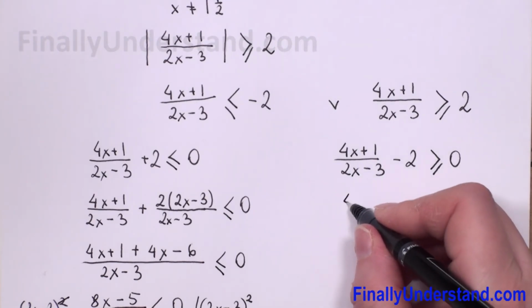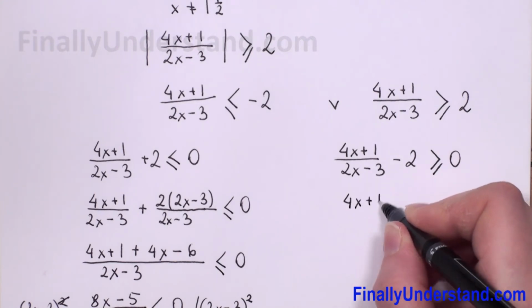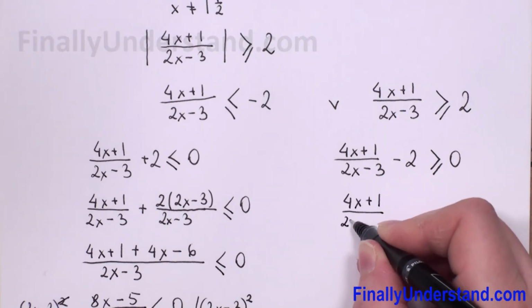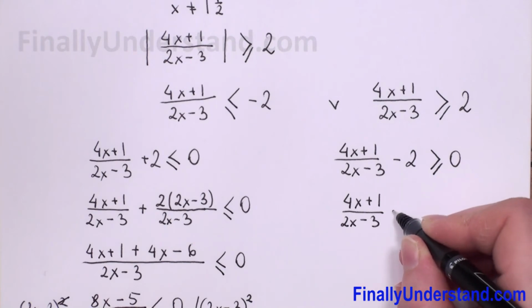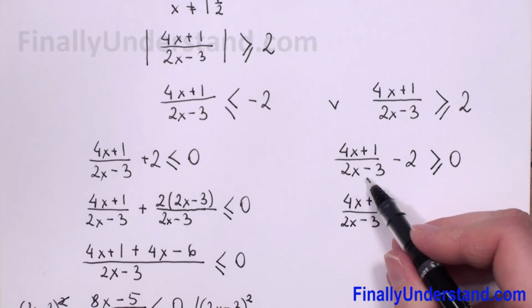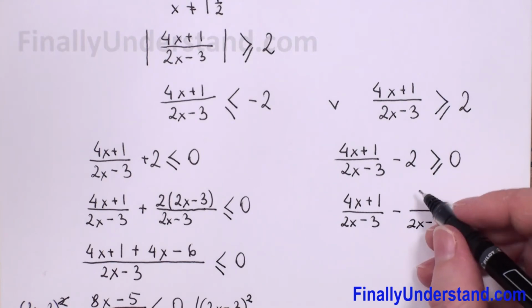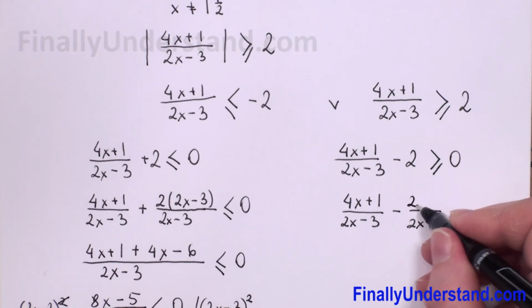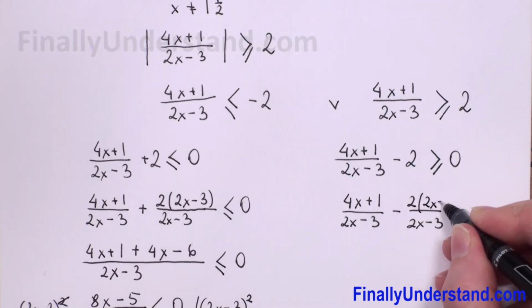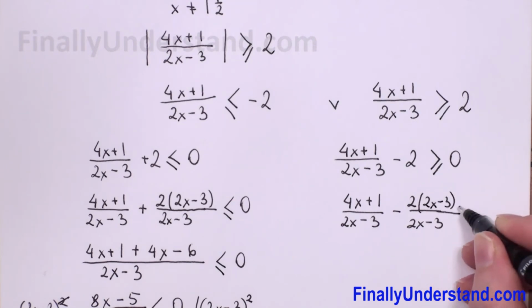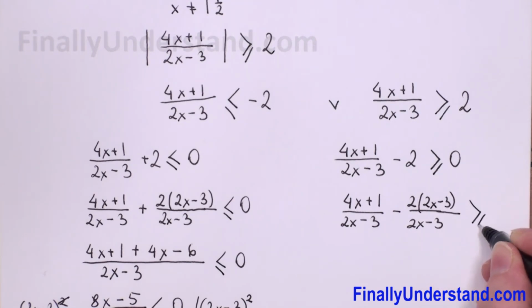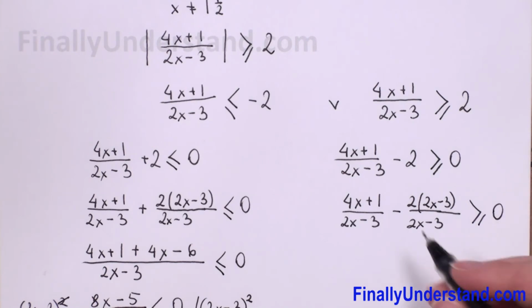So it will be 4x plus 1 over 2x minus 3 minus, the common denominator will be 2x minus 3, so I have to multiply 2 by 2x minus 3, is greater than or equals 0.